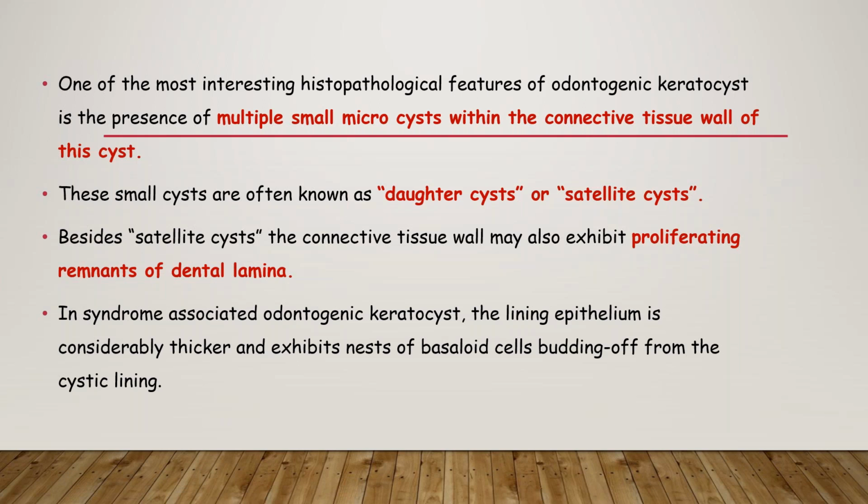Besides satellite cysts, the connective tissue wall also exhibits proliferating remnants of the dental lamina. In syndrome-associated odontogenic keratocyst, the lining epithelium is considerably thicker and exhibits nests of basaloid cells budding off from the cystic lining.